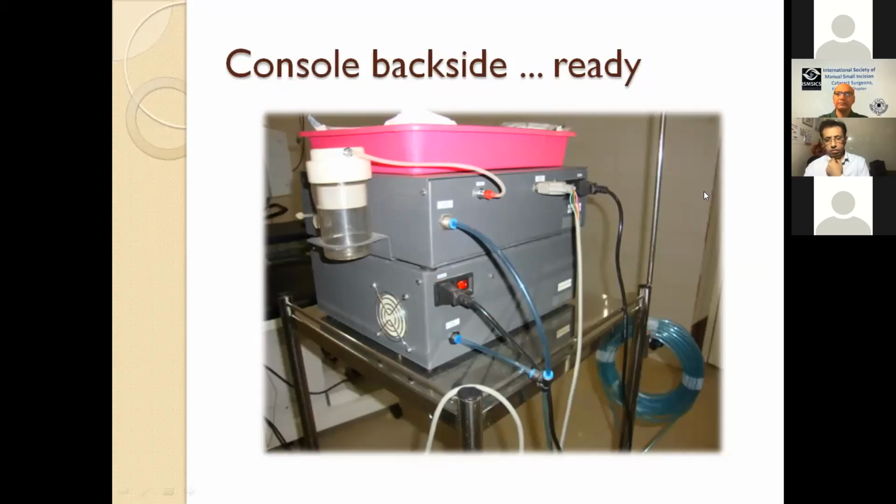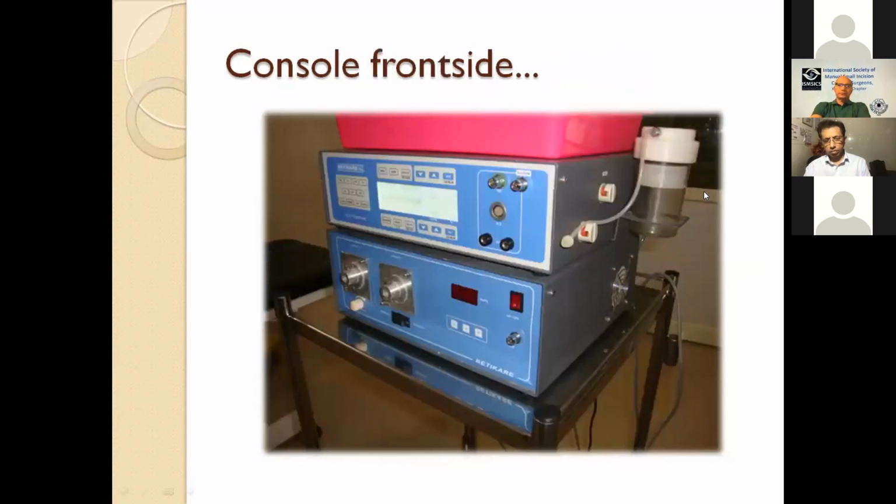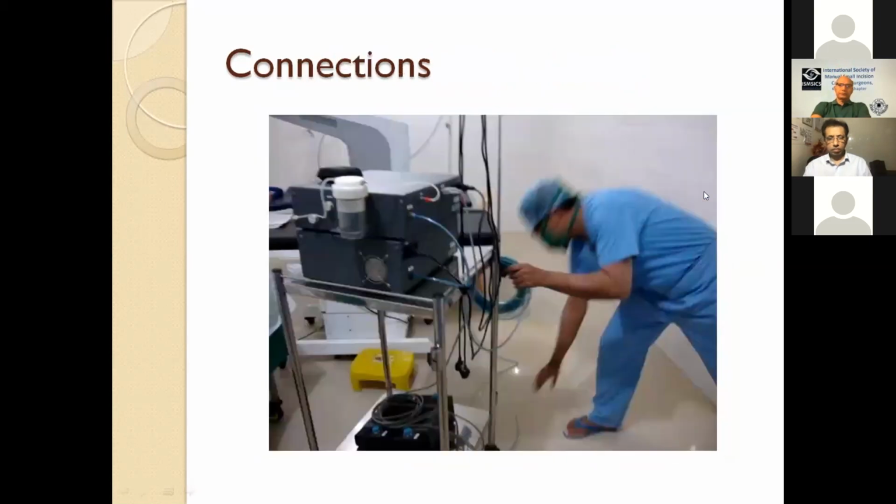It is a posterior segment vitrectomy machine, actually 20 gauge. So it has two units. The upper one is vitrectomy, the lower one is for injection of air and silicone oil, etc. This is the front side of the machine, which has a suction chamber and the panel in the front. This is very simple. As soon as I say vitrectomy, everything is set.